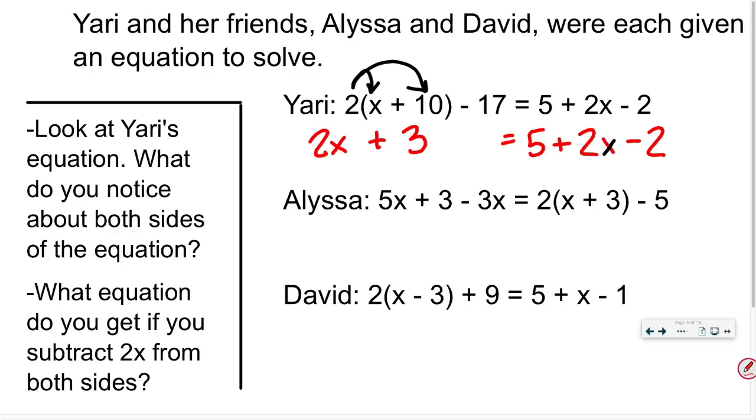Go ahead. 5 minus 2. 5 and the negative 2 gives me plus 3. What do you notice now? So are we fully simplified? Yeah, we fully simplified. We can't combine our like terms on the left side of the equation any more than we already have. We can't combine on the right side of the equation any more than we already have.